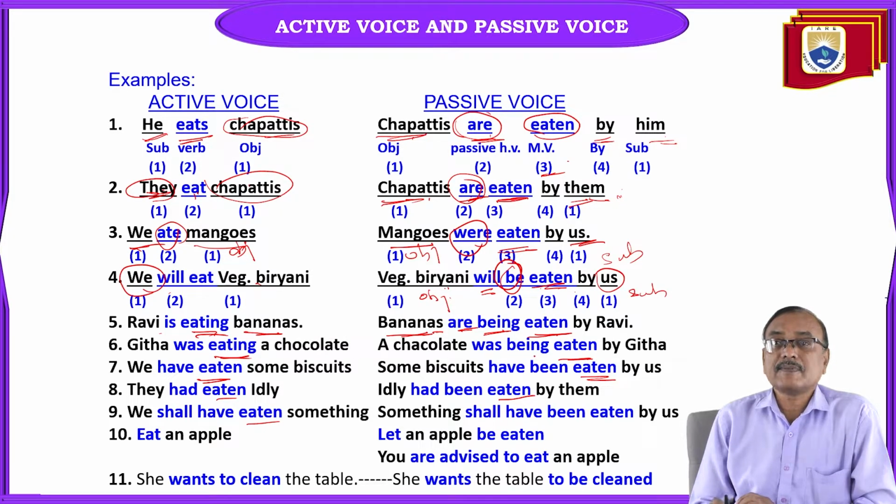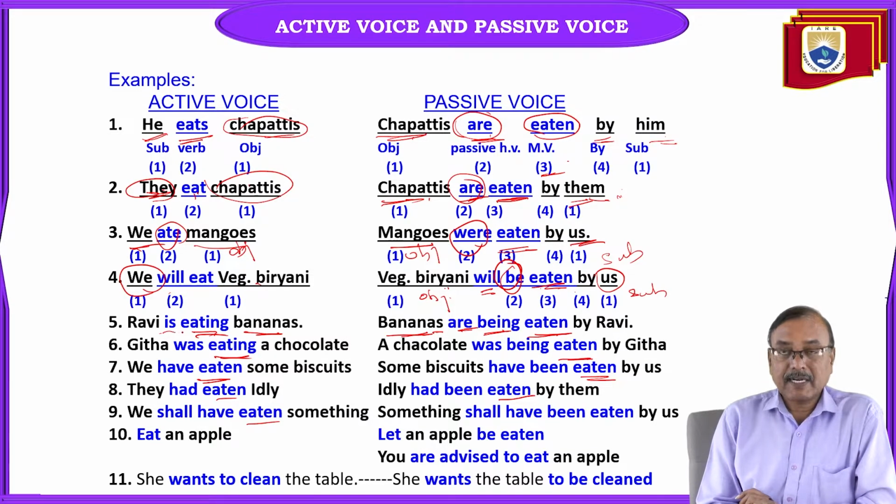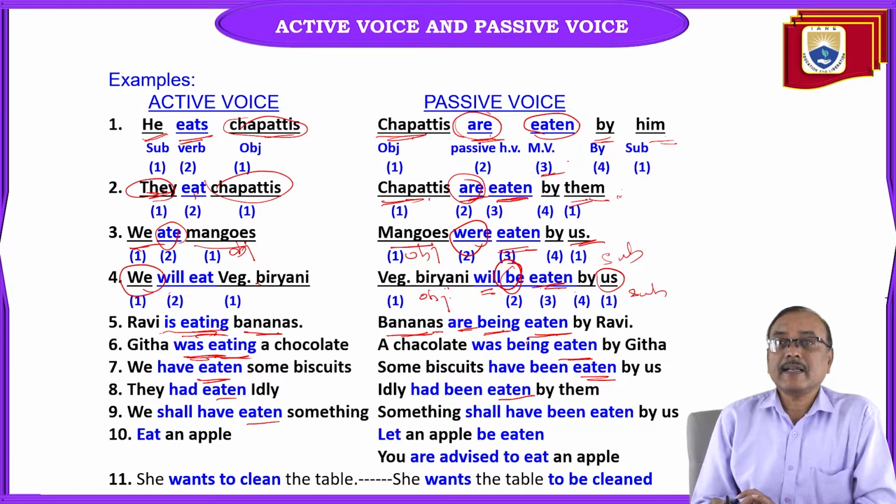A chocolate was being eaten by Geeta. See, present continuous, past continuous. In present continuous and past continuous, what is coming before the V3 form? Being is coming, in continuous tenses.